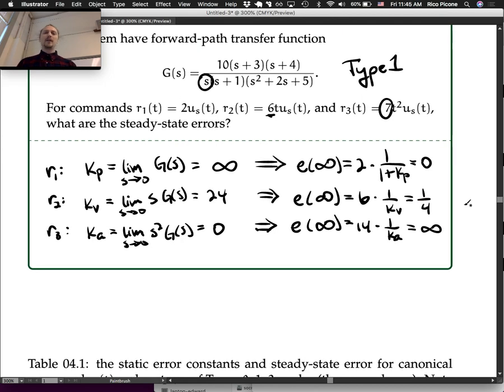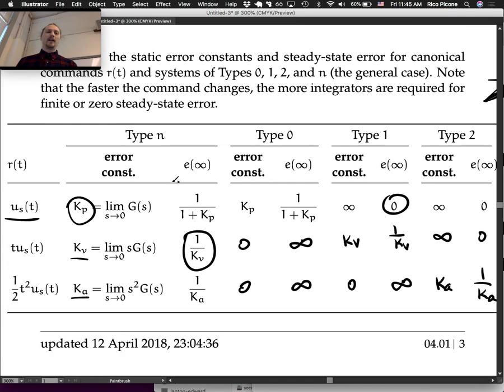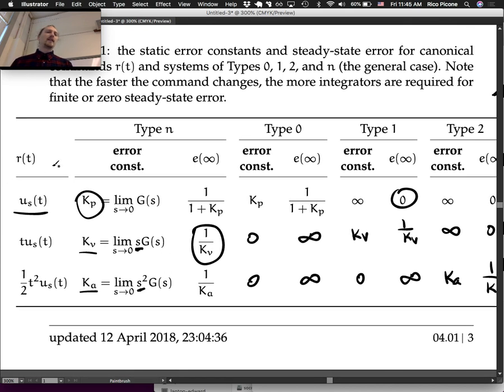I do encourage you to go through and learn from the fact that our time domain commands are essentially being integrated in the time domain here, right? So from 1 over s to 1 over s squared to 1 over s cubed, and how that affects what this steady state value is going to be.